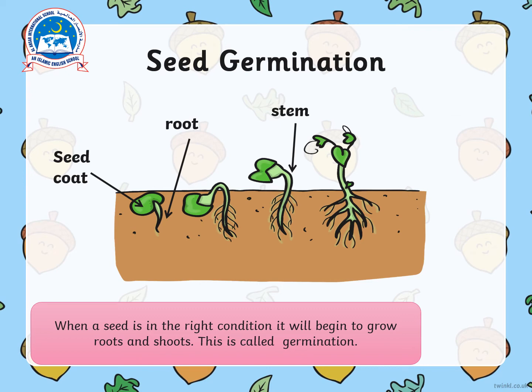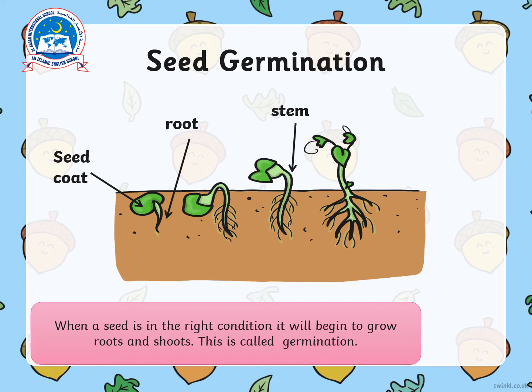The first one is the seed coat. Out of that, a baby root comes out first. And then comes the stem. And so on, it grows into a seedling and turns into a young plant and then keeps on growing and the life cycle continues.